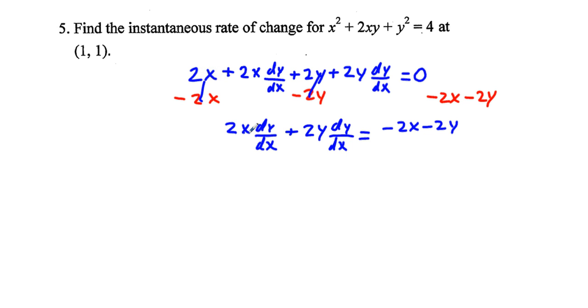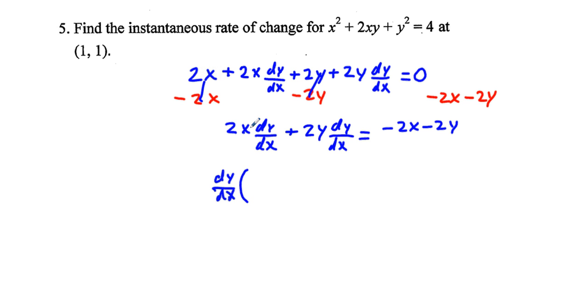And now factoring out our common factor, and we actually have a common factor, we do have 2, right? That's going to help us simplify later perhaps, but let's just factor out the dy/dx. So we have the common factor dy/dx times what?